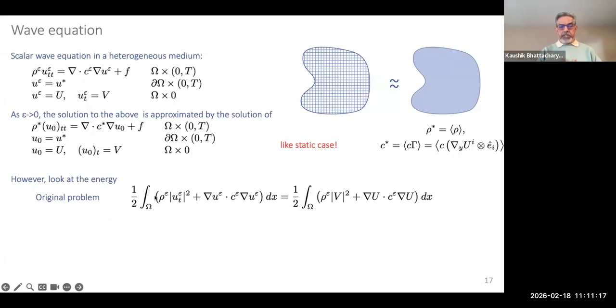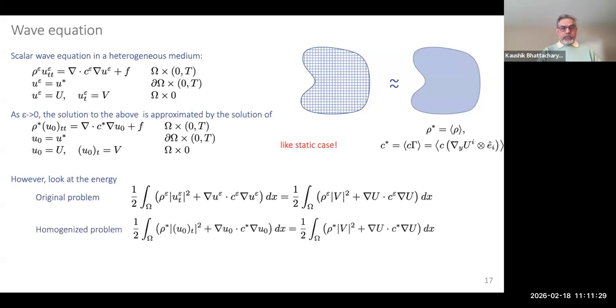So this is at any time t, and that has to be given by exactly the initial energy. So now let's look at the homogenized problem. So this is the energy of the solution of this problem. Again, this is a wave equation. There's conservation of energy, so that should be exactly equal to that determined by the initial condition.